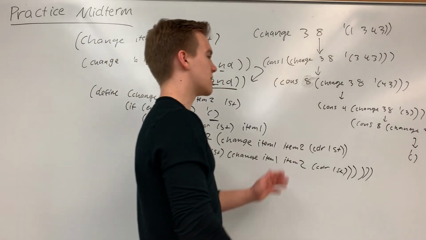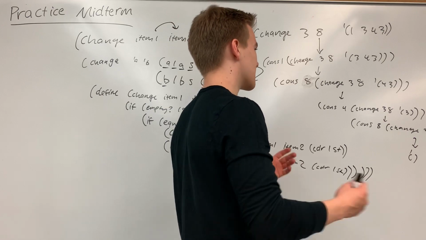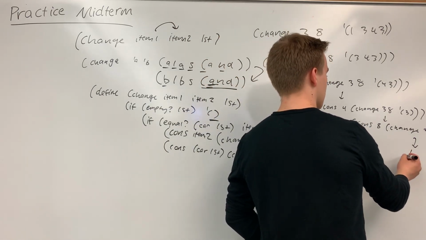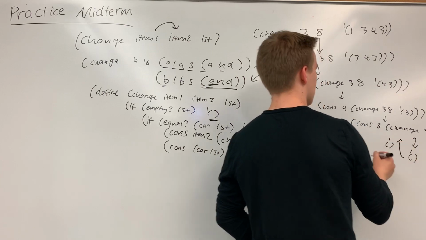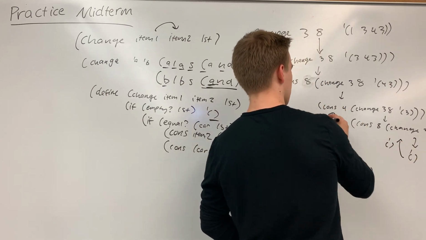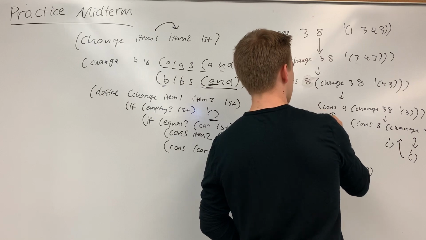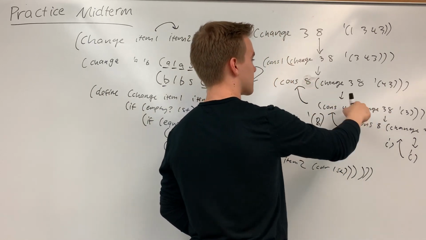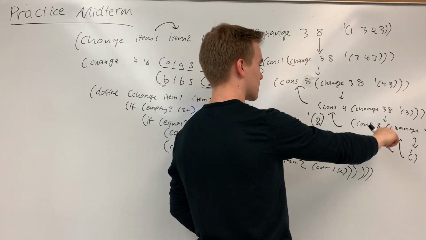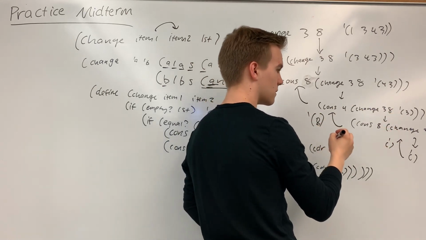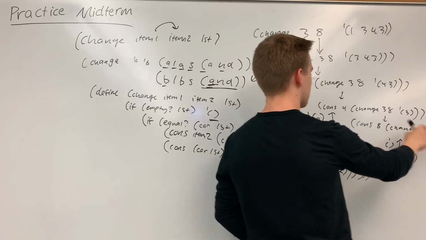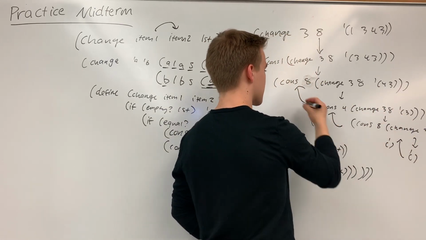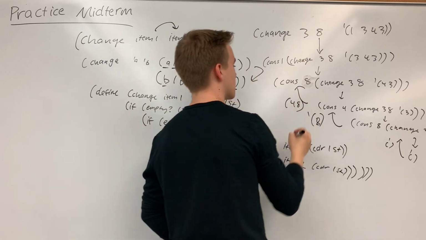Okay, so I think here I have to add in the return values. So I'll say something like this returns the empty list, this guy returns 8 in the list, this guy returns, let's see, cons 4 onto, this cons is 8 onto the empty list, this cons is 4 onto the return of this, so it'll be 4, 8.